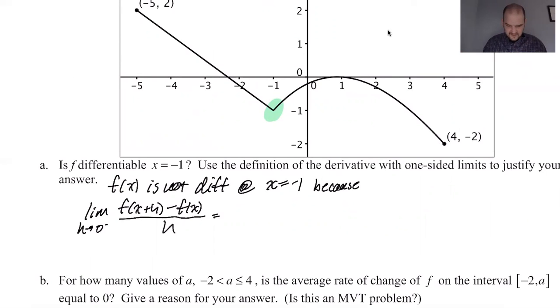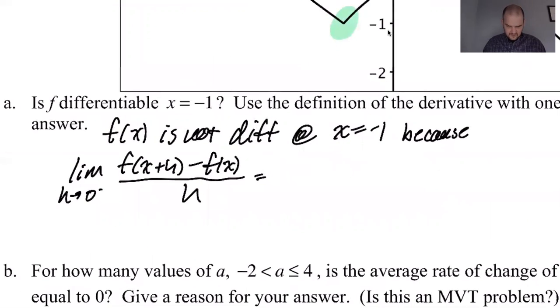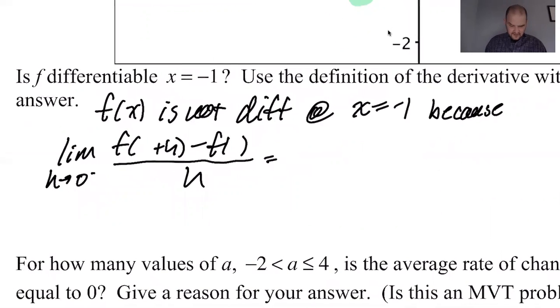I want -1s. I don't want h's here. And I kind of wish that I had used the other definition of the derivative because I think this argument would be easier to make, but I didn't do it. So what are you going to do? Let's use this color. So -1, -1.